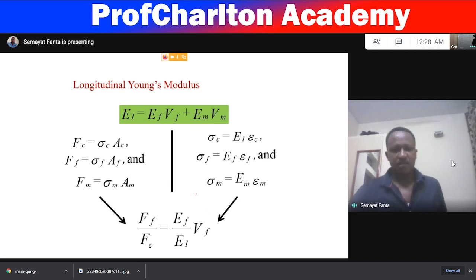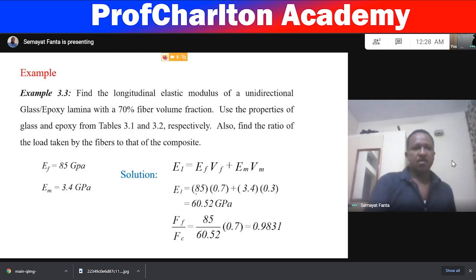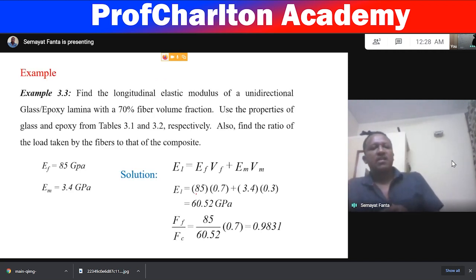Let's go to an example. Find the longitudinal elastic modulus of a unidirectional glass epoxy lamina with 70% fiber volume fraction. Use the appropriate glass epoxy data from tables. Tables are already provided.